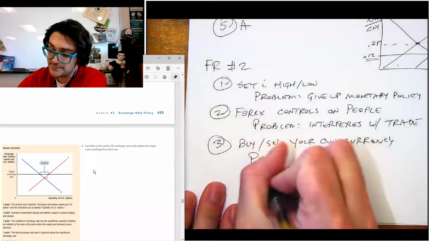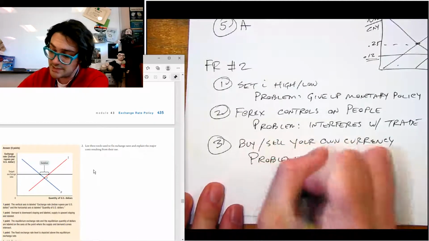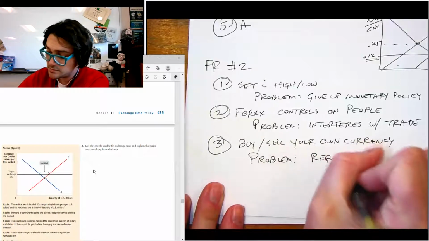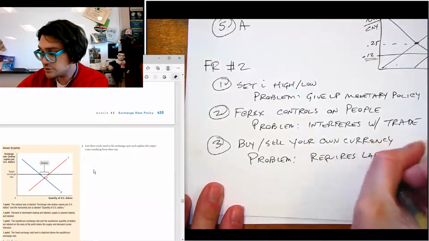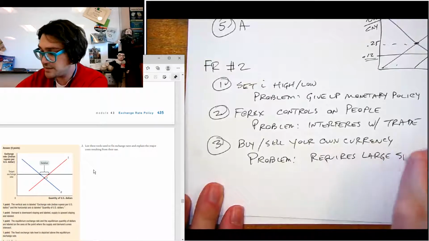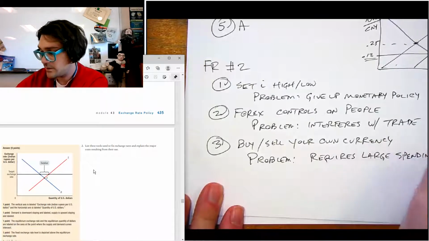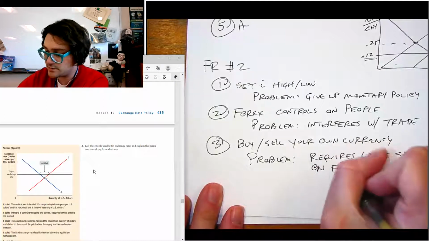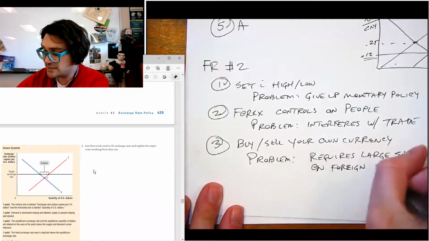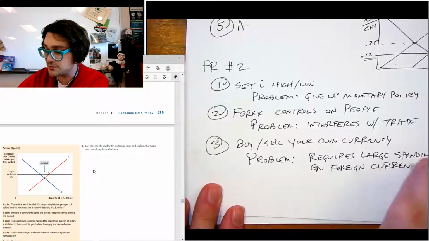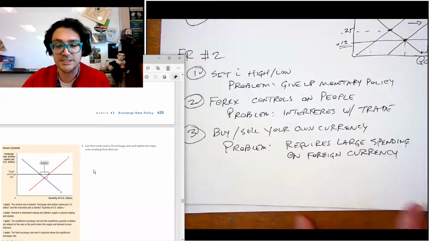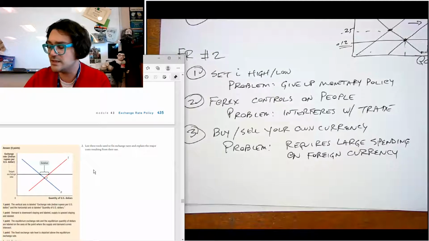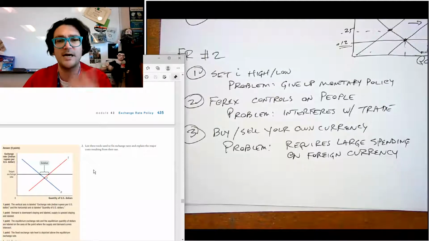The problem with that approach is it requires large spending on foreign currency. So basically, you have to dedicate a chunk of your budget towards buying up other countries' currencies, and then you just sit on them. You can't do anything with it, and so it's kind of a drag a little bit in that sense, where you're just spending your own money to buy U.S. dollars, and then you stick them in your pocket. That's another downside of that.